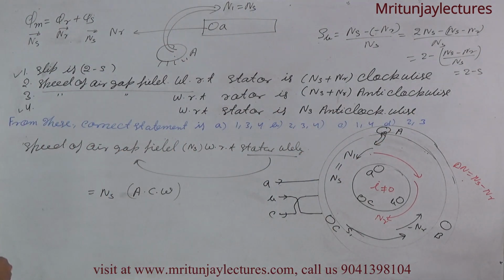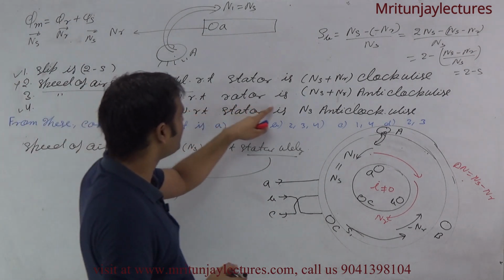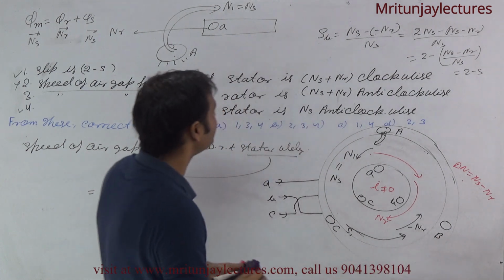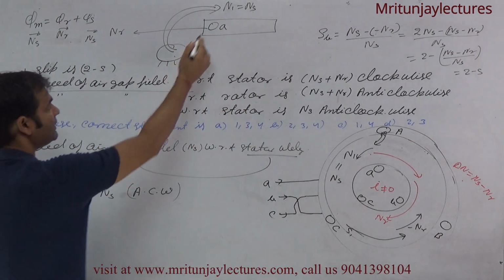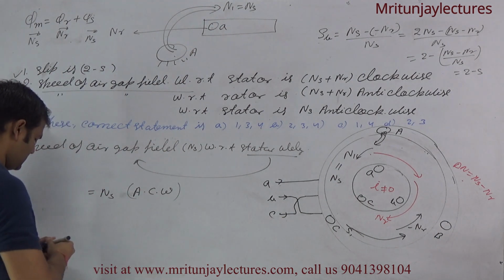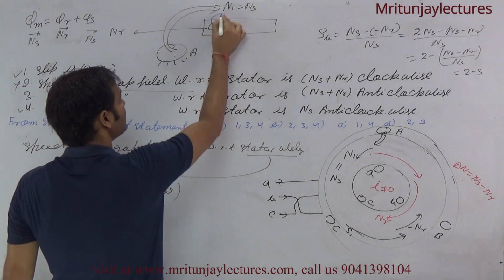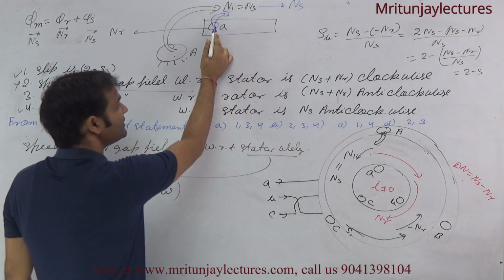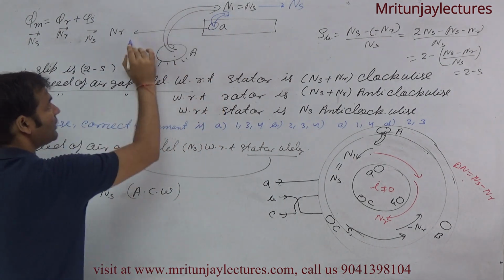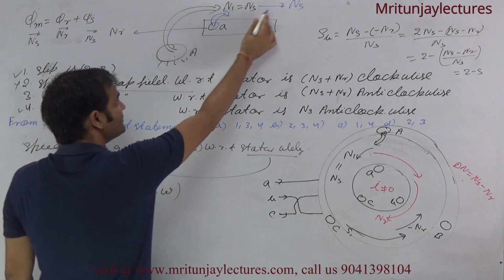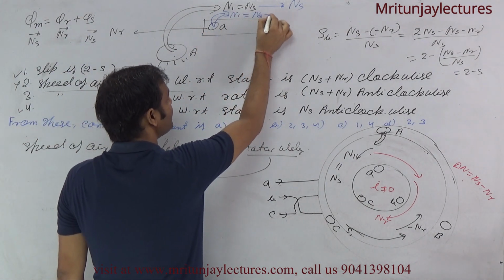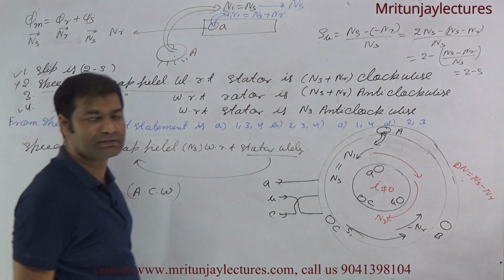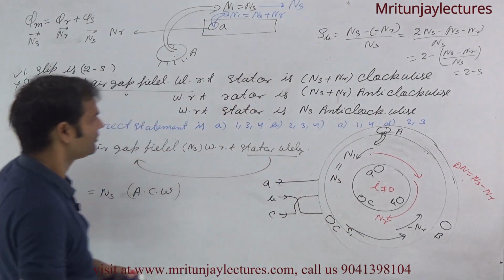Now another way: option 2 is wrong. Now next one: the speed of the air gap field with respect to the rotor. You sit on the rotor and see the stator field. If any doubt, think of sitting on a train, and this train is moving in the opposite direction of NS, so the field appears to go at NS plus NR, anticlockwise.